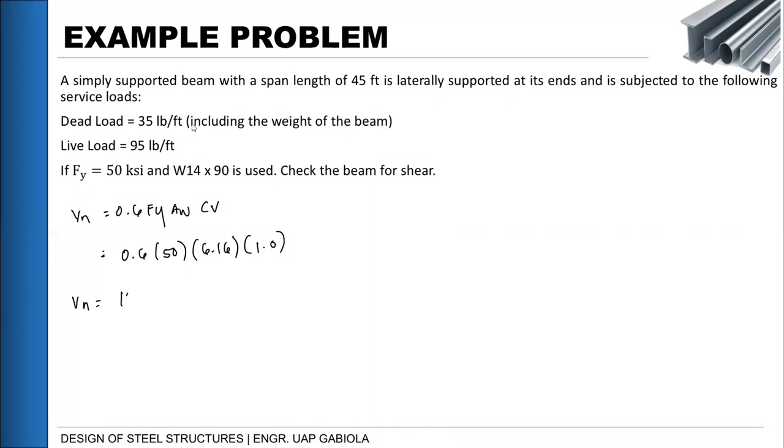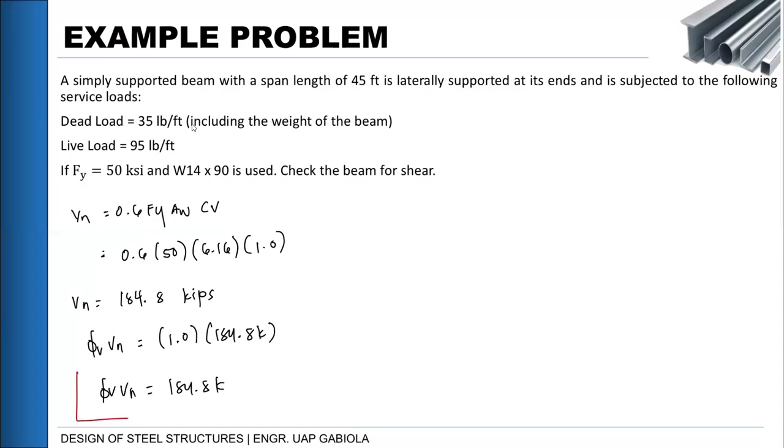That is 184.8 kips. Okay? So, kailangan natin ay phi Vn. So, that is given yung ating phi v na satisfy natin kanina, 184.8 kips. So, therefore, ang phi Vn natin is 184.8 kips. Okay? So, ito yung value ng ating phi Vn, yung ating capacity ng shear.